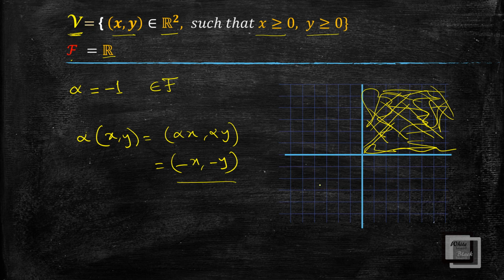The vector (minus x, minus y), for x greater than 0, y greater than 0, belongs to the third quadrant. So you can see that this non-empty set V is not closed under scalar multiplication. So it can't be a vector space because it is not closed under scalar multiplication.